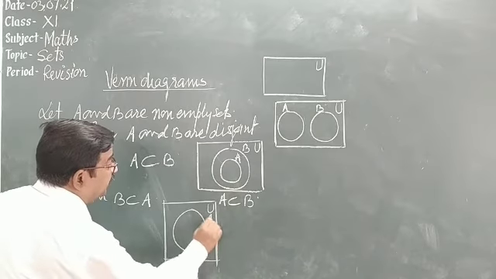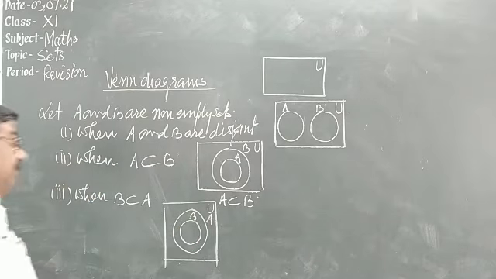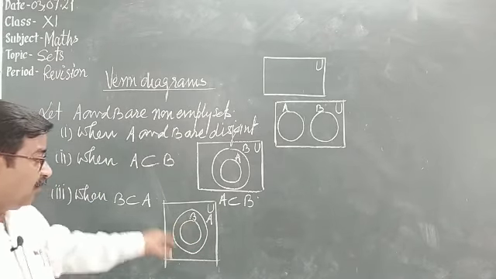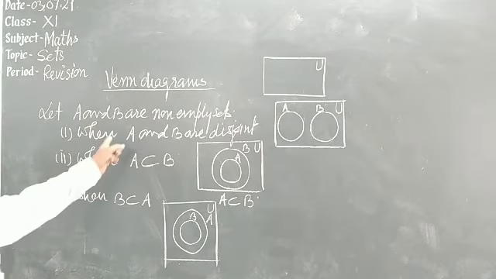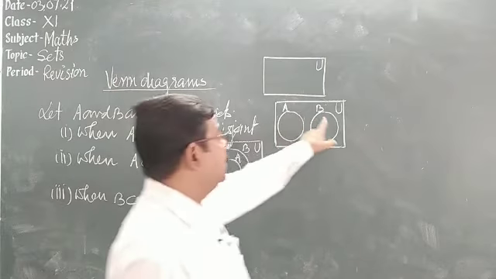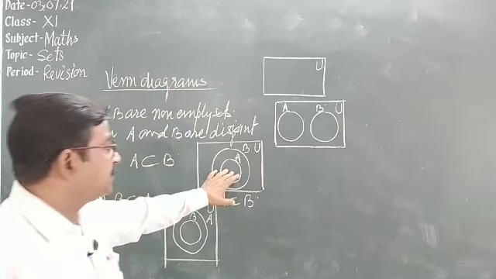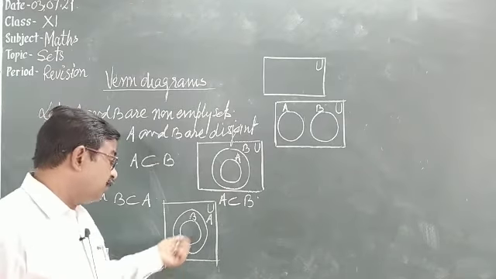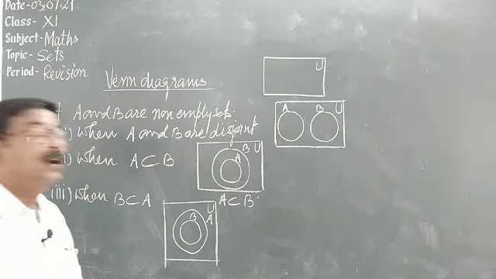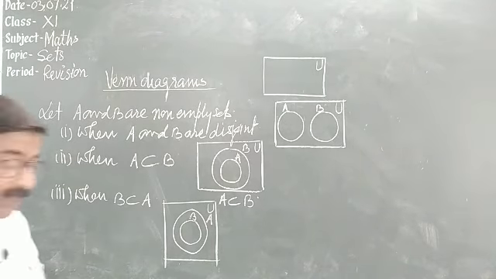This one is set A, and this one is set B. See, the elements of B are found in A, so B is a subset of A. So when the sets are disjoint, the two circles or ovals are separated. When A is a subset of B, the elements of A are found in B. When B is a subset of A, the elements of B are found in A.